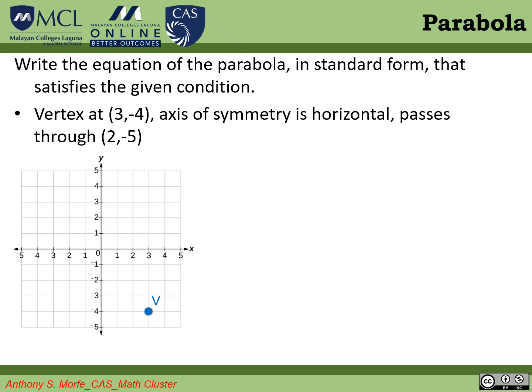Axis of symmetry is horizontal, passes through (2, -5). So where is (2, -5)? Where is it? Oh, 2, then -5. So we have 1, 2.